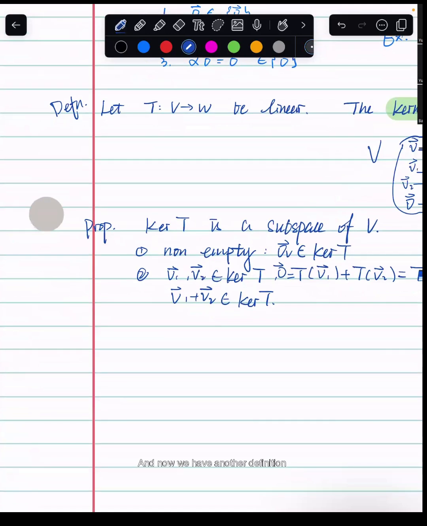And now we have another definition. So we already know the kernel.